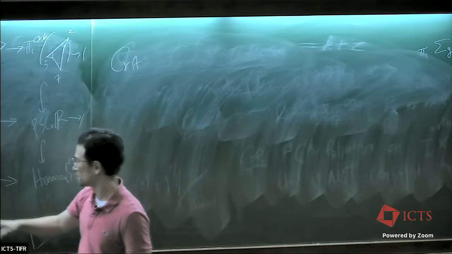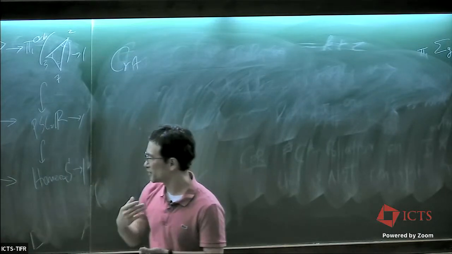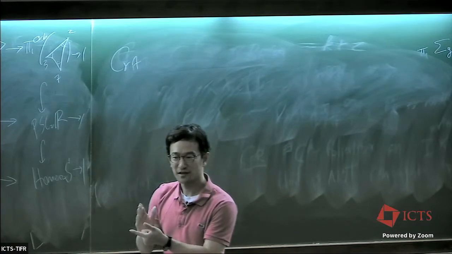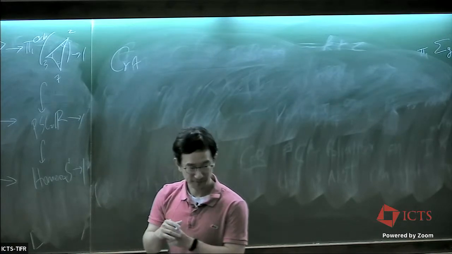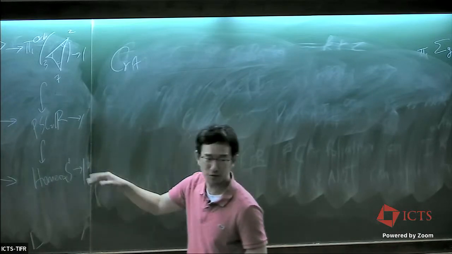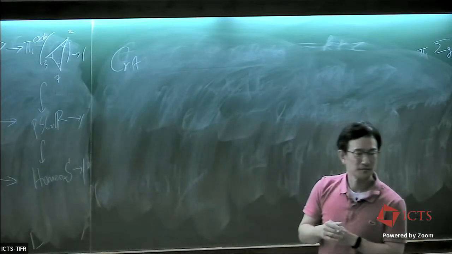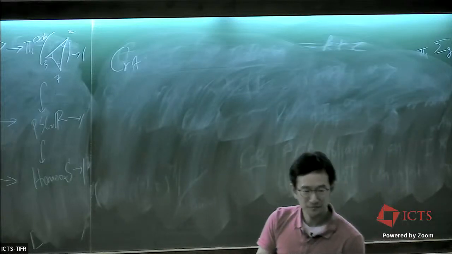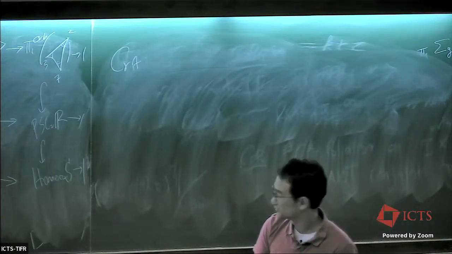Homeo-Z-R: the collection of real line homeomorphisms, orientation preserving, commuting with length 1 translations. So it's basically the collection of lifts to the circle homeomorphism groups. All right.